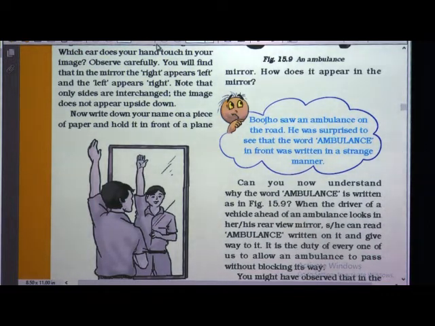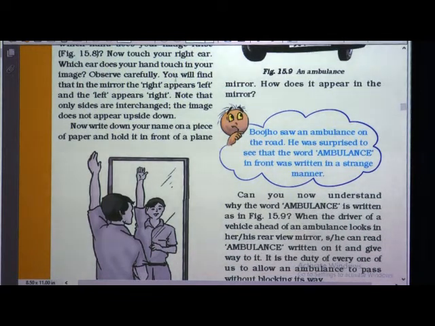Again, there is an activity given: now touch your right ear. Which ear does your hand touch in your image? Whatever is given here, you have to touch your right ear. Suppose you touch your right ear with your right hand.